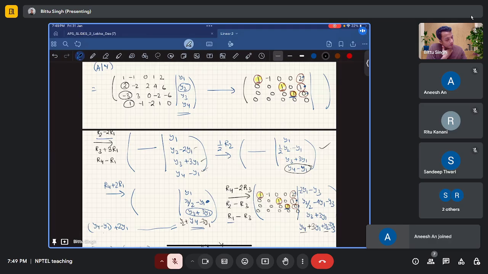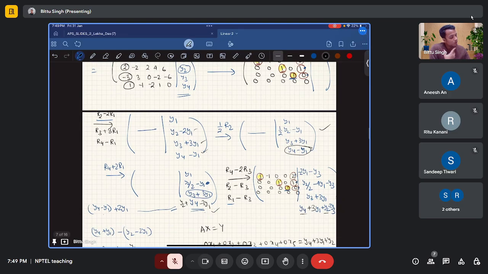So if you add this thing, that is Y2 minus 2Y1, then minus 3Y, it is also correct. After that, what happened?